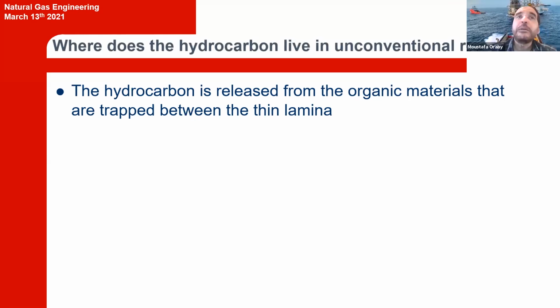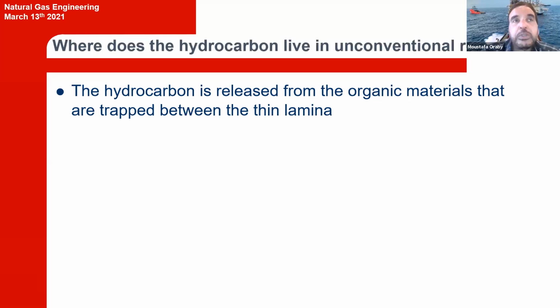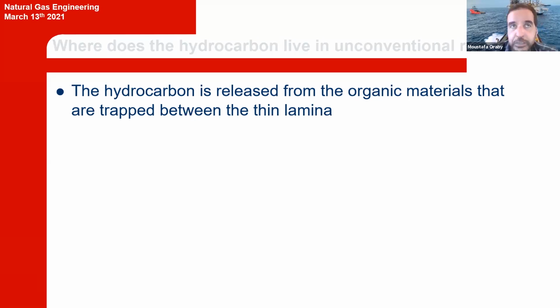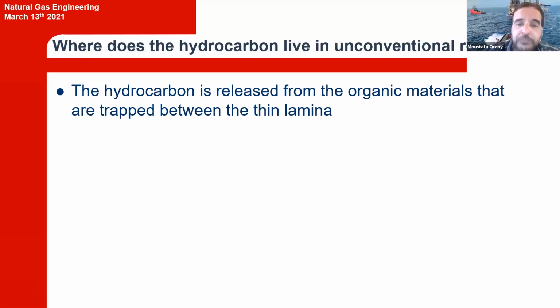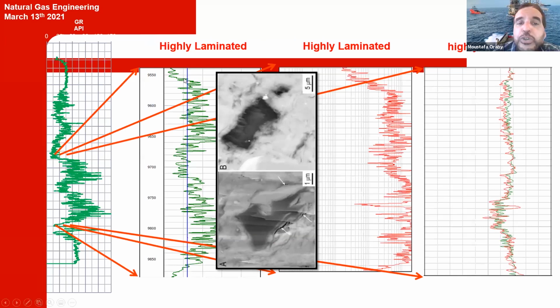That's how the organic material was originally deposited, or originally buried, let's put it that way. So the organic material is buried between these layers. Between these layers, you can see organic material, which we call kerogen.